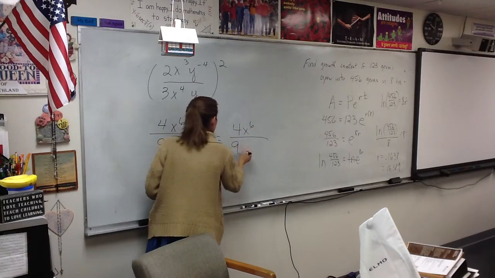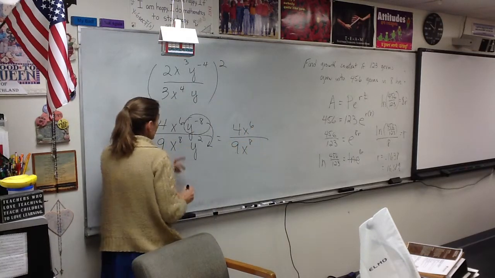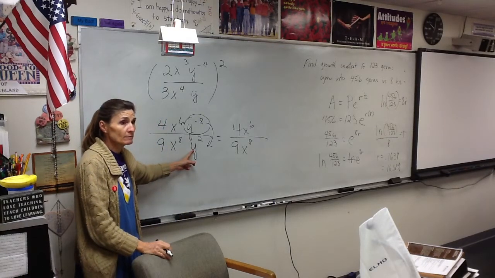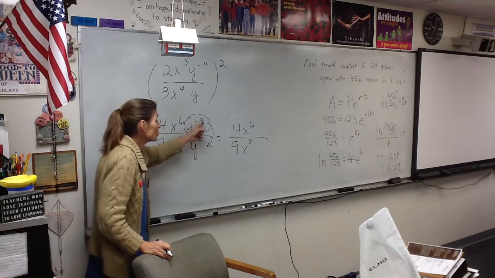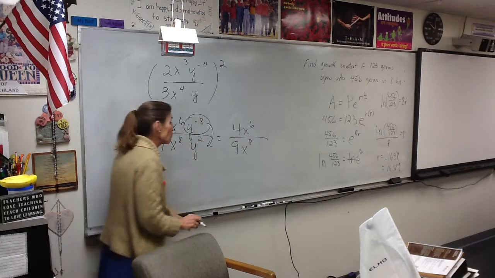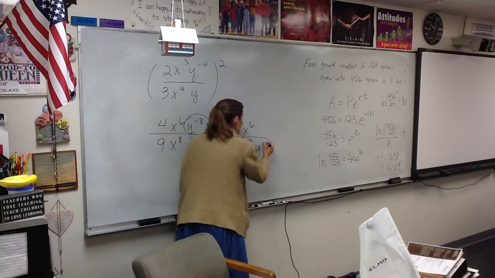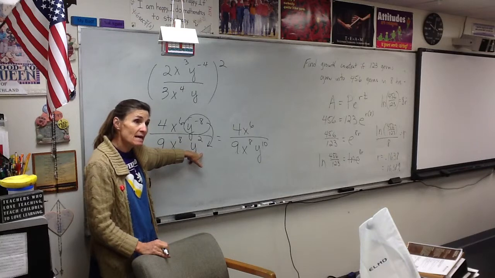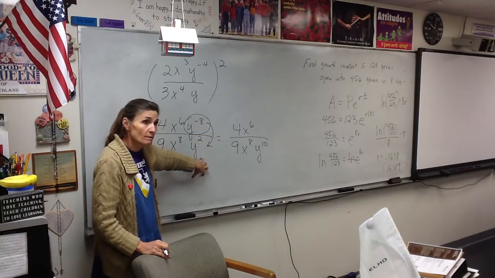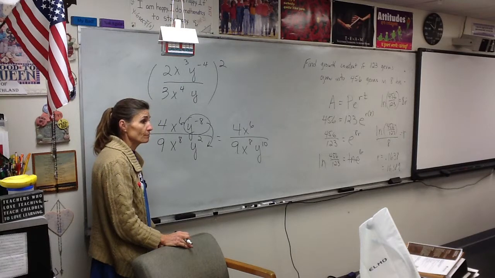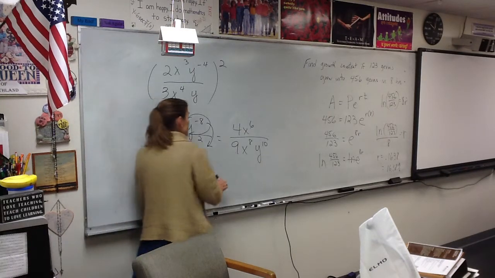So you have a situation, kids, where you've already got 2 y's sitting down here. And now you're going to bring 8 more down there. So now we're going to have 10 y's on the bottom, because 2 are already there and you're bringing in 8 more. Are we done? No, we've got one more thing to take care of right here.